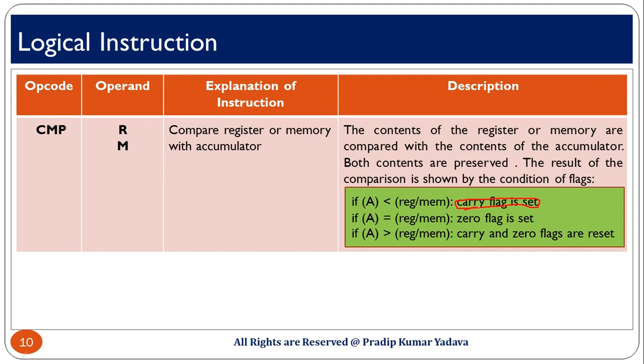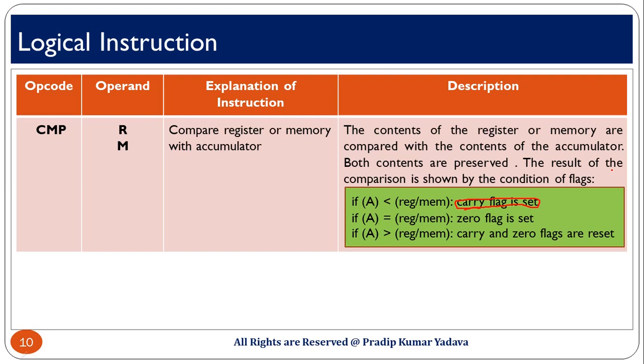If the zero flag is set, the total output is 0, meaning the content of the accumulator is equal to the content of the given register.